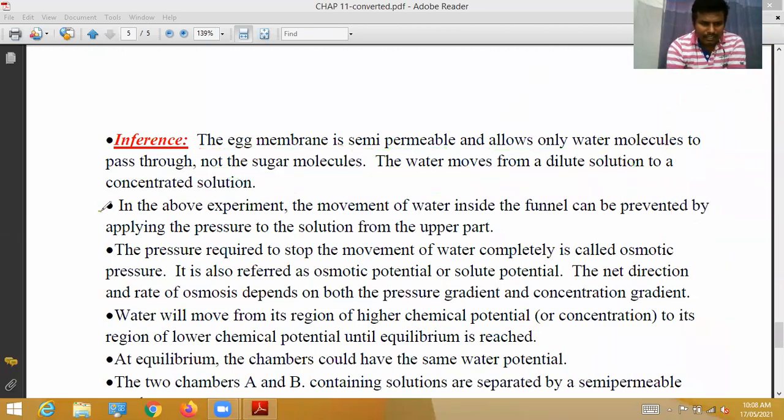Next here, in the above experiment, the movement of water inside the funnel can be prevented by applying pressure to the solution from the upper part.